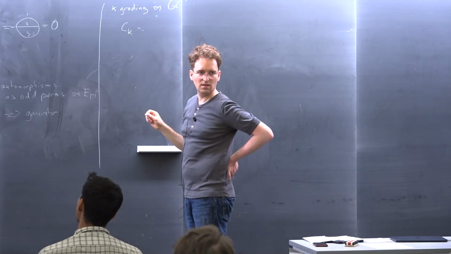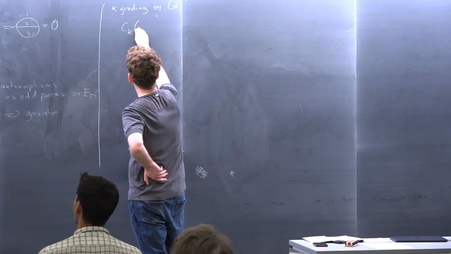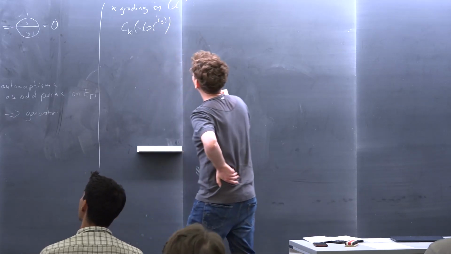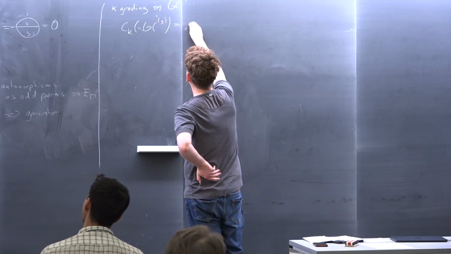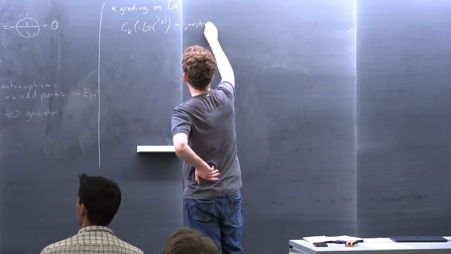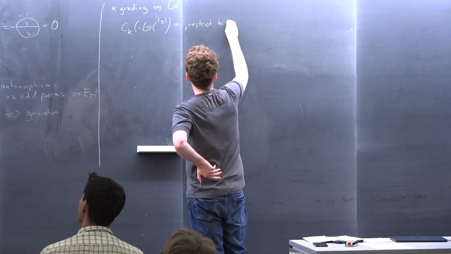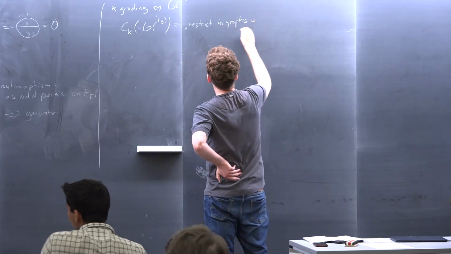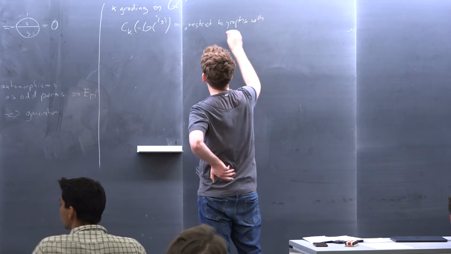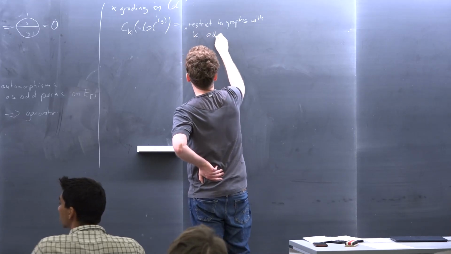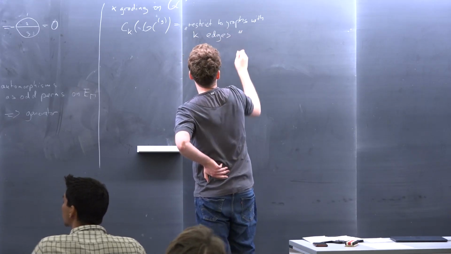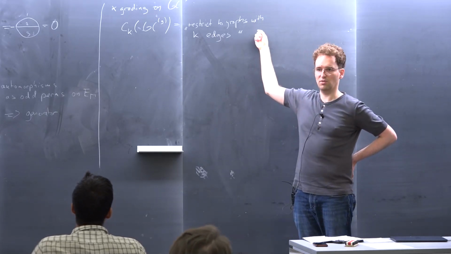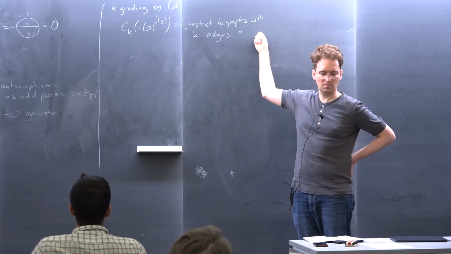That's a subvector space of GCG, and this is just given by restriction to graphs with a specified number of edges. So we just restrict the number of edges of our graphs and take these as generators of our k-chains.